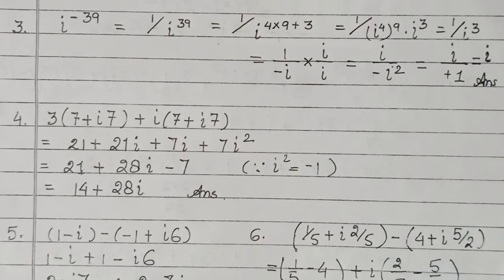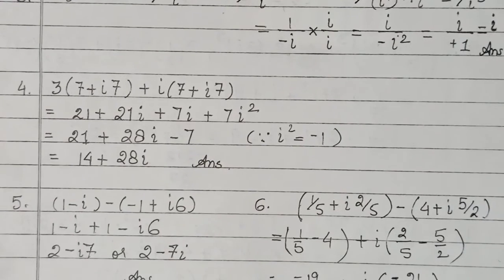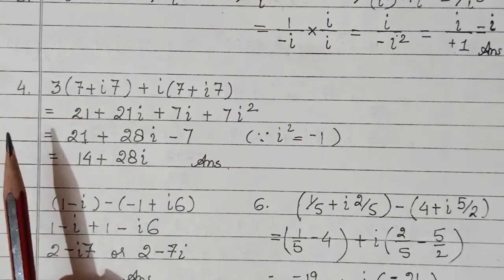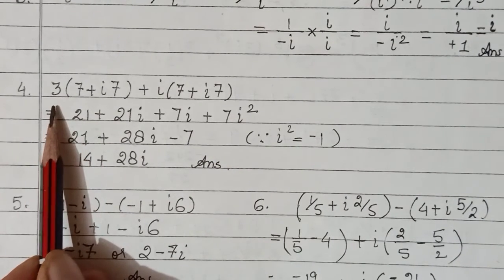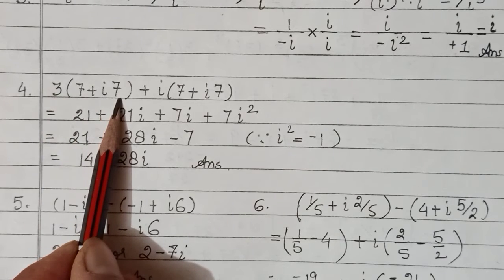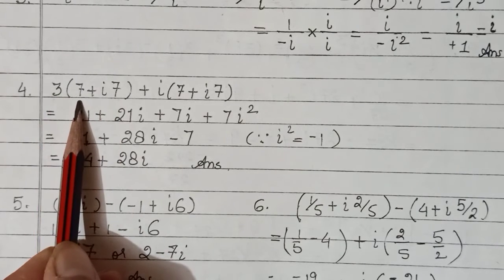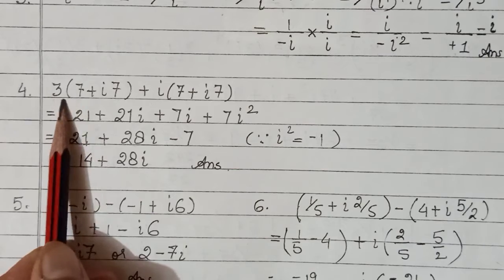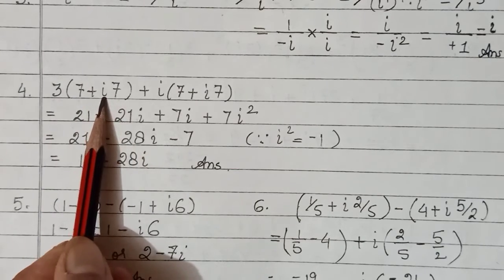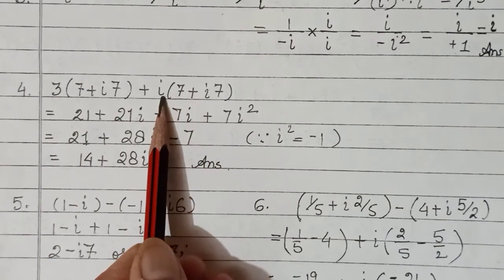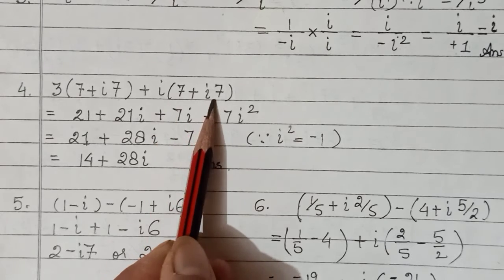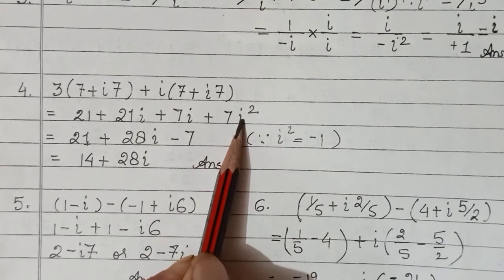Okay, now the fourth one, see, that's simply like your plus minus into algebra problems. So you distribute this 3 inside the bracket naturally. So this becomes 3 7s are 21 and 3 7s are 21 with i, of course. Then this i will be distributed inside, so this becomes 7i, and this becomes 7i into i square.